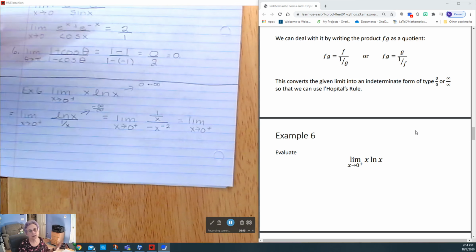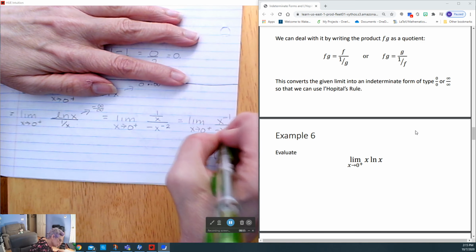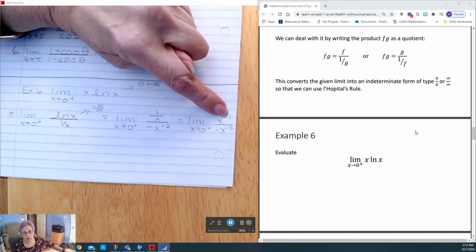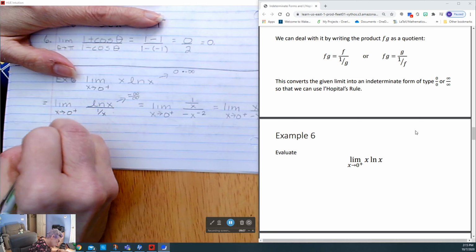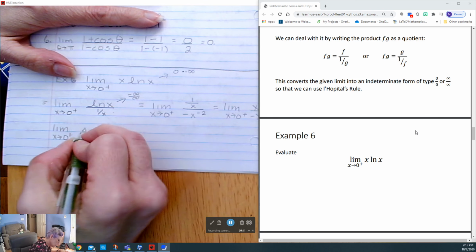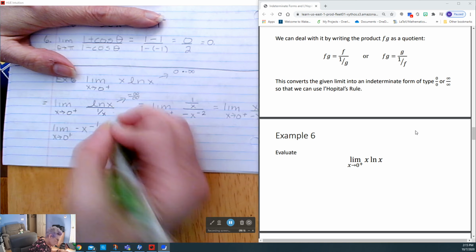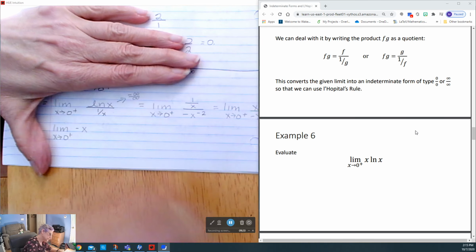Now, if you're a fan of negative exponents, you could rewrite it with just negative exponents. And if you remember your rules for exponents, it's always top exponent minus the bottom exponent. So this is the limit as x approaches 0 from the right of x to the minus 1, and it's negative, minus negative 2.